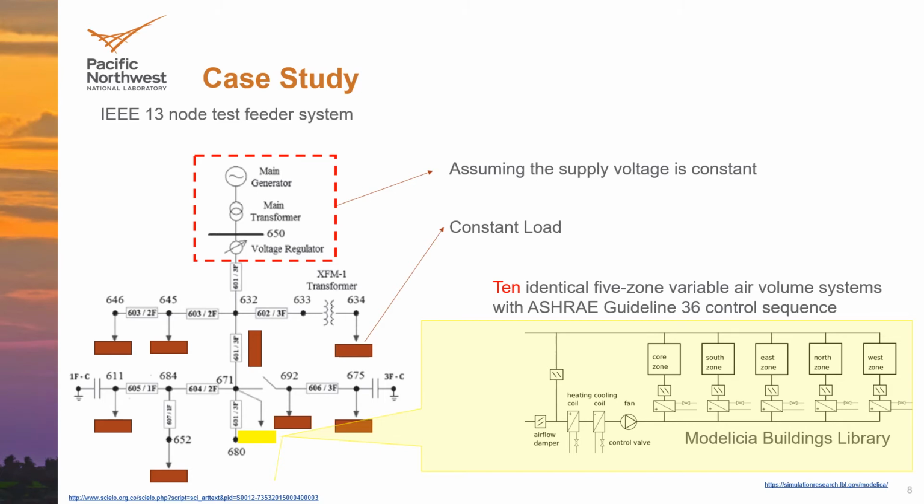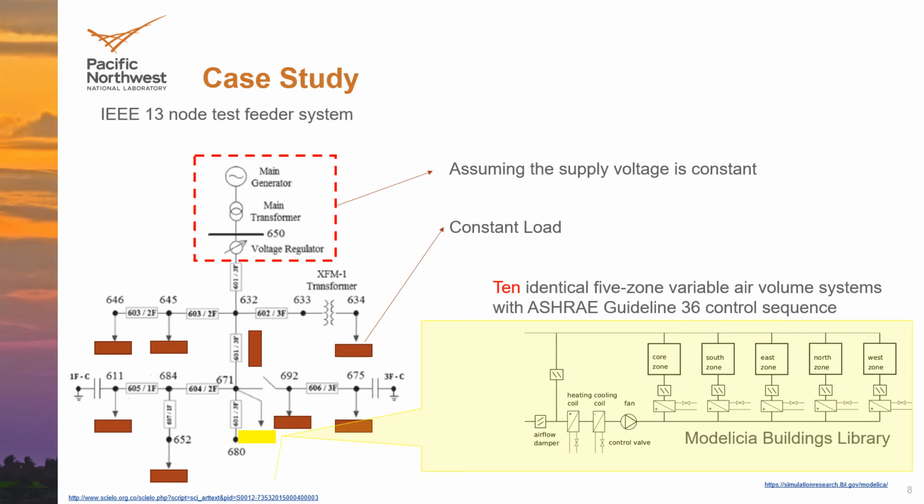Secondly, we consider all the loads connected with this test feeder system to be constant, except the one connected with node 671. For node 671, we assume it's connected with 10 identical 5-zone variable air volume systems.